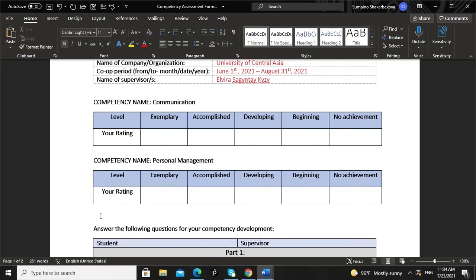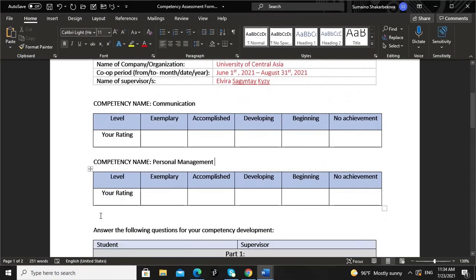According to the requirements of Co-op, this document should have a minimum of three, four competency names with their rating. But if you feel that you have to include more, please go ahead and include more competency names and rate them. For example, in my communication, I might rate it as developing.